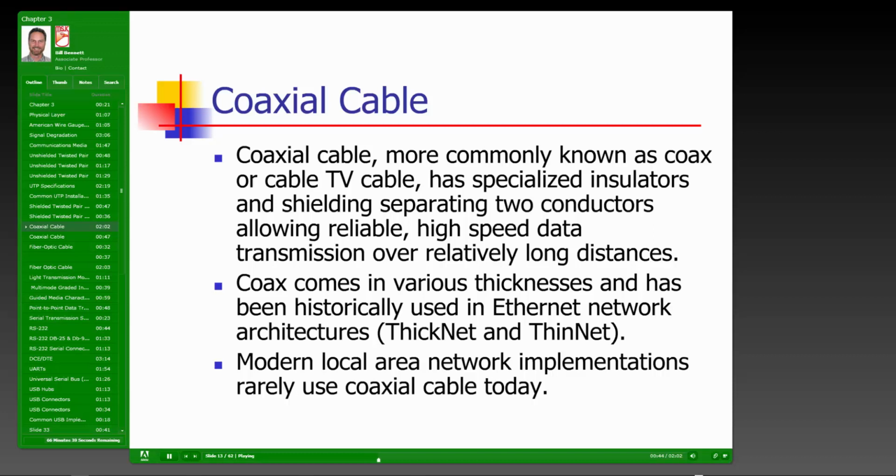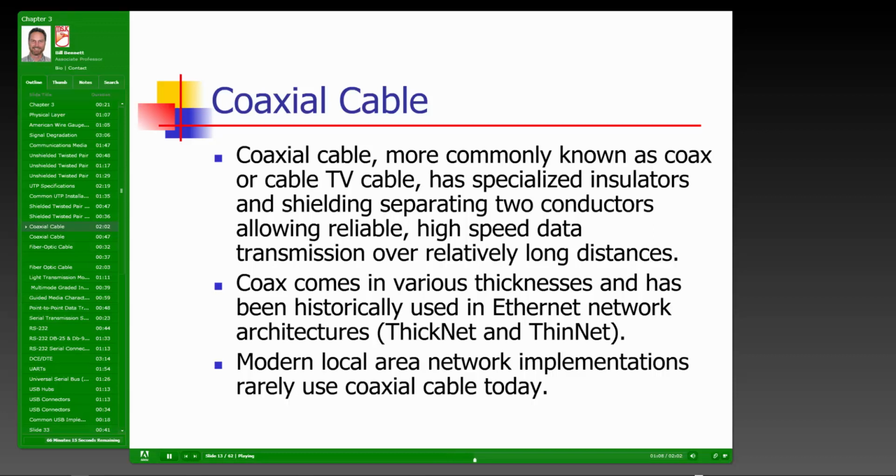In Ethernet networks, we've used two different types of coaxial cable in the past, thick net cabling and thin net cabling. In fact, thick net was often referred to as the solid or frozen yellow garden hose. It was very thick. I think it was like 0.5 centimeters in diameter as far as the copper core.